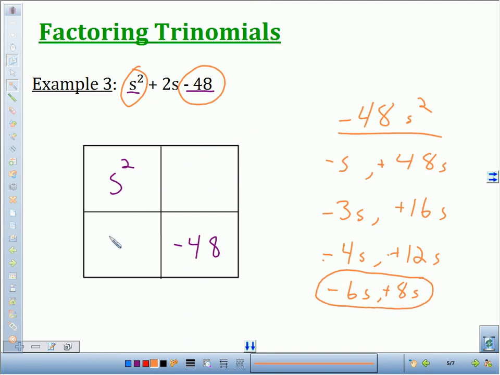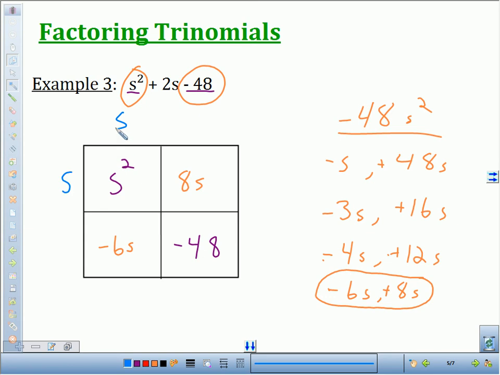So I'm going to write those into my box: 8s and negative 6s. Again, it doesn't matter which goes where, as long as they're both there. The greatest common factor of my first column, s squared and negative 6s, is s. The greatest common factor of my first row, s squared and 8s, is also s.